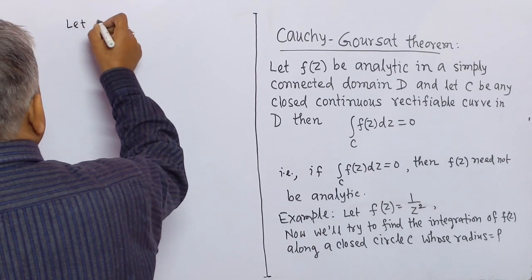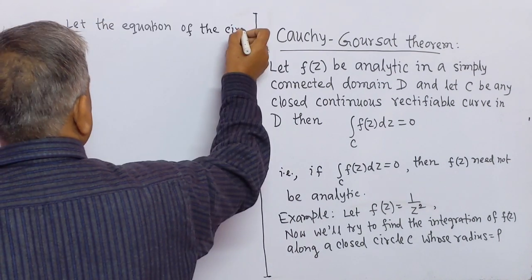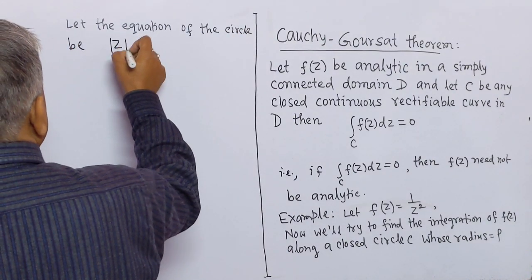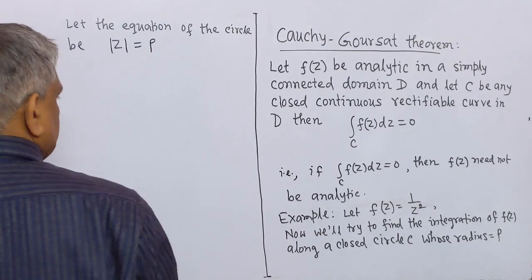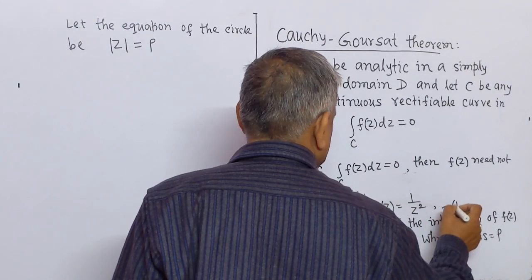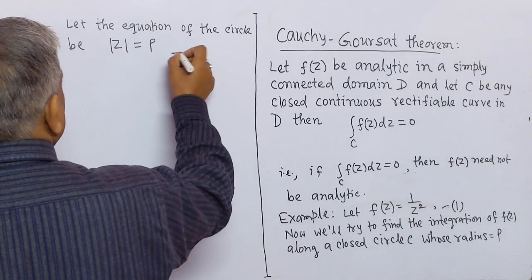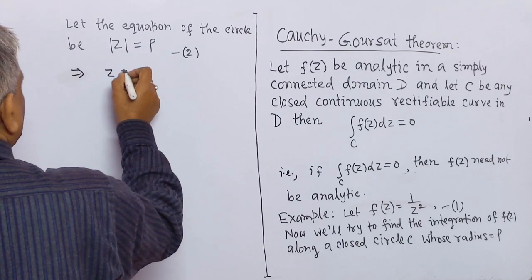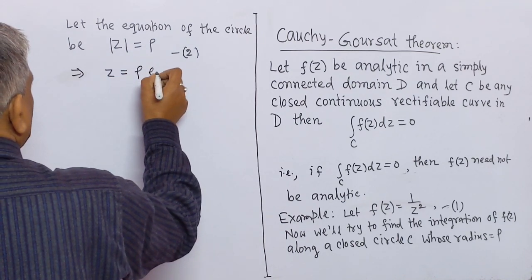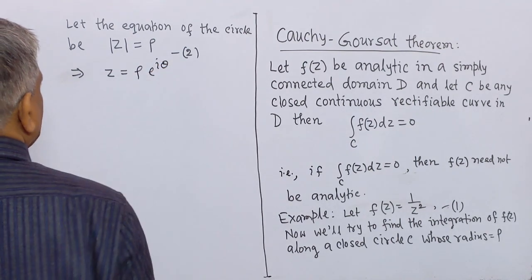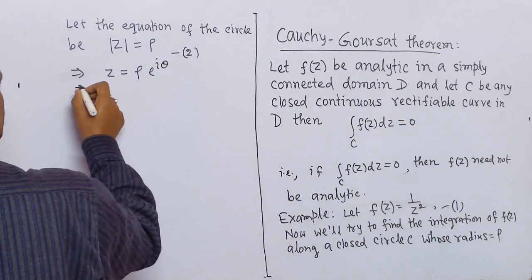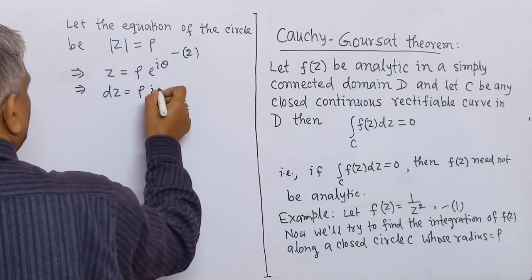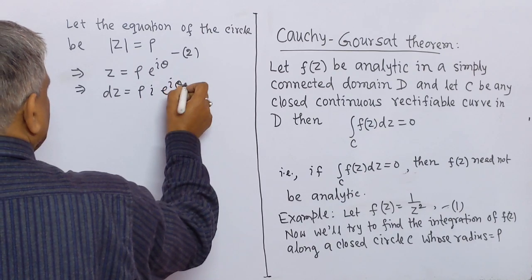Let the equation of the circle be modulus of z equal to rho. Let this be number 1. This is number 2. Implies that z equals rho e to the power i theta. Implies that dz equals rho i e to the power i theta.